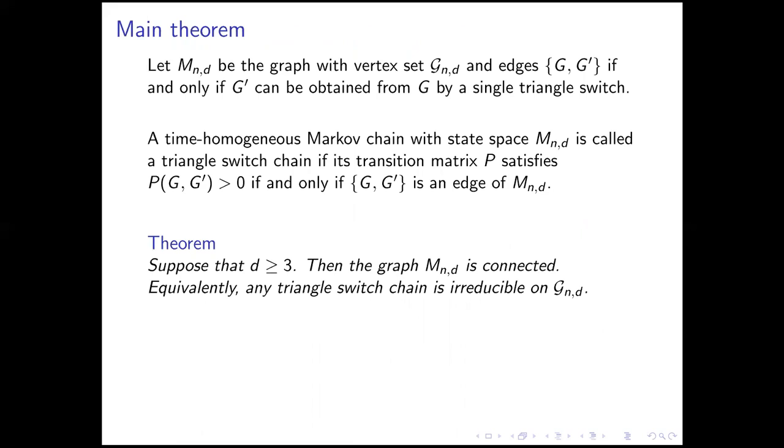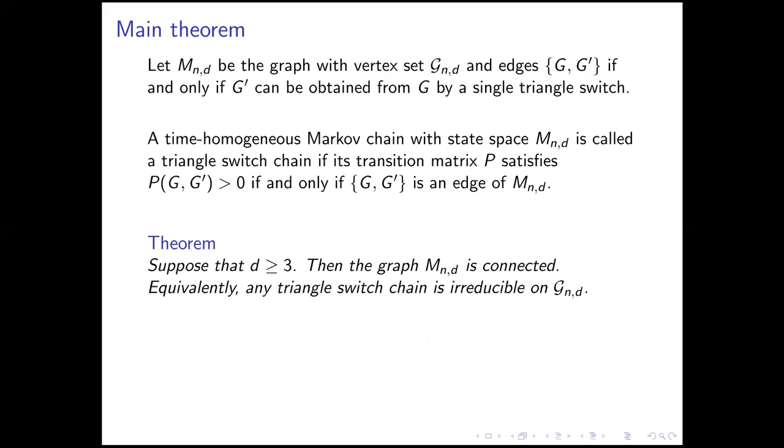So the main theorem is this. Consider the state space of the process, regular graphs of degree D, and edges are joined if and only if we can move from G to G prime by a single triangle switch.